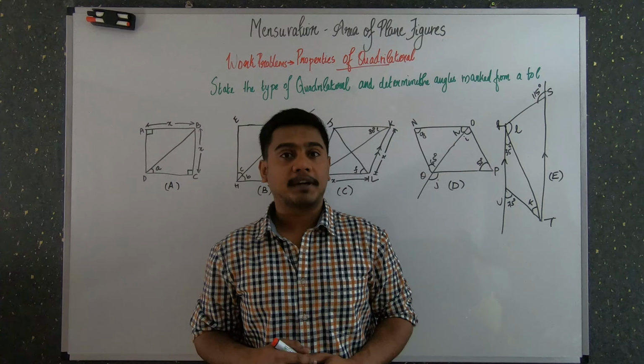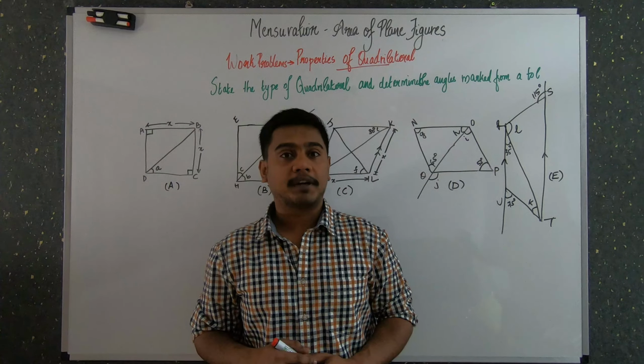So now we have found the types of quadrilateral, and now we have to find the angles marked from A to L. First, let's start with finding angle A. You know from the properties of quadrilateral that the diagonal bisects the right angle equally, so this angle would also be equal to A. So you can say that angle A plus this angle is 90 degrees. Right angle means 90 degrees.